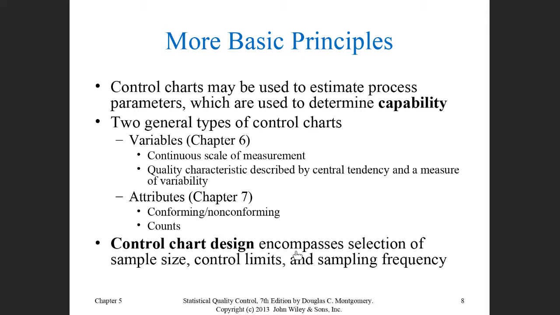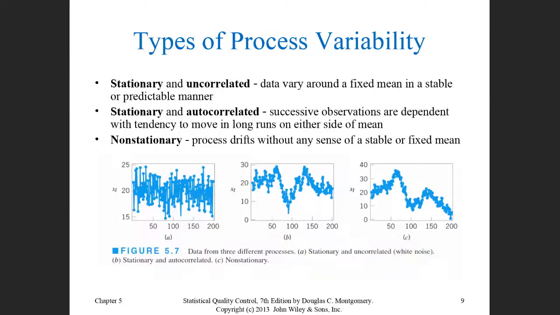The control limits formula will also be based on the type of control chart we are going to use. We have just covered the main formula or the main model, and then we will study each formula for every different type of control chart. The sample size will be another thing that is considered in designing the control chart, as well as the sampling frequency.